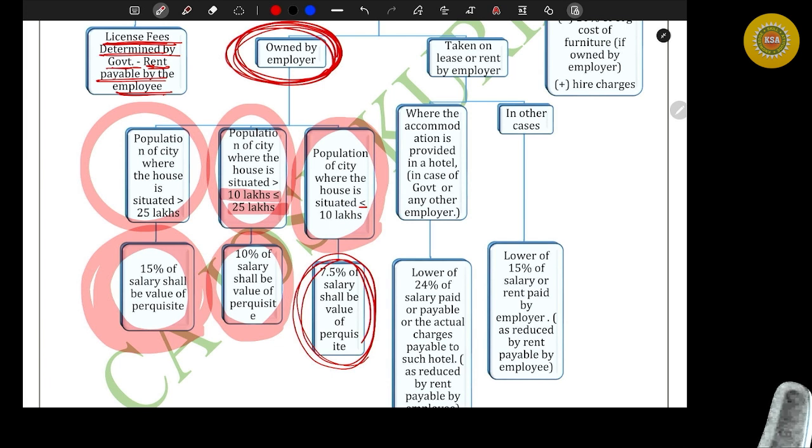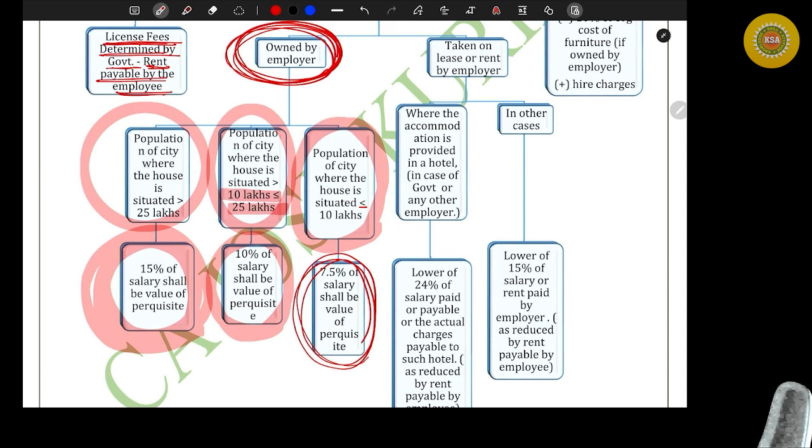Take the annual salary, apply 15%, and for that salary we have a separate definition that we will cover later. That will be the taxable value of the perquisite. What if the population of the city where your house is situated is more than 10 but less than or equal to 25 lakhs? Instead of 15 it is 10%. What if the population is less than or equal to 10 lakhs? 7.5% of the salary. Are you with me?